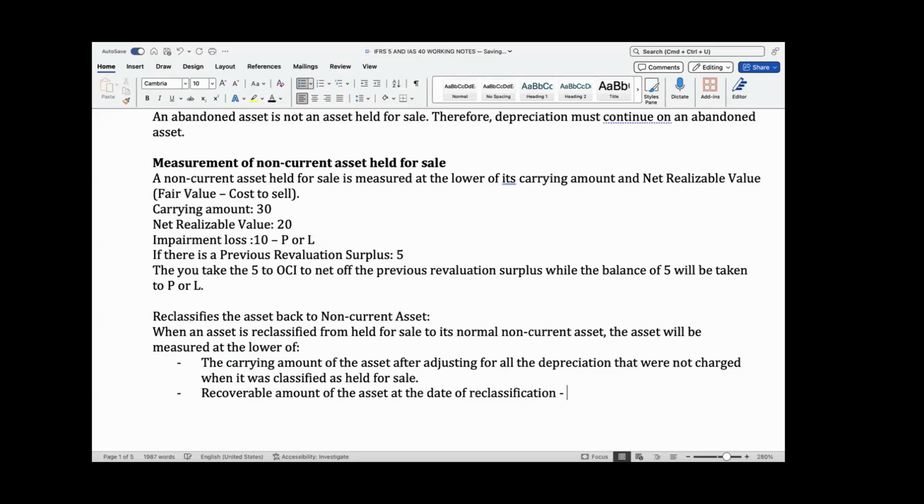And the recoverable amount here can go as the net realizable value. And this is substantially how you measure a non-current asset held for sale.